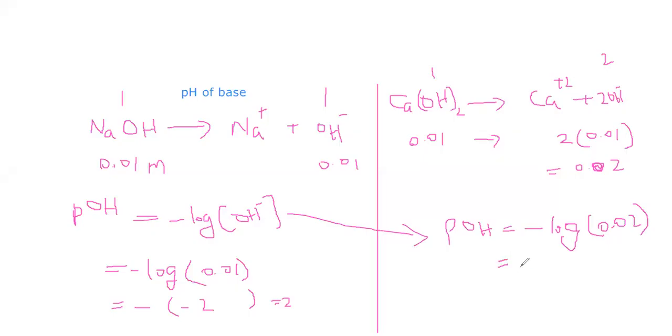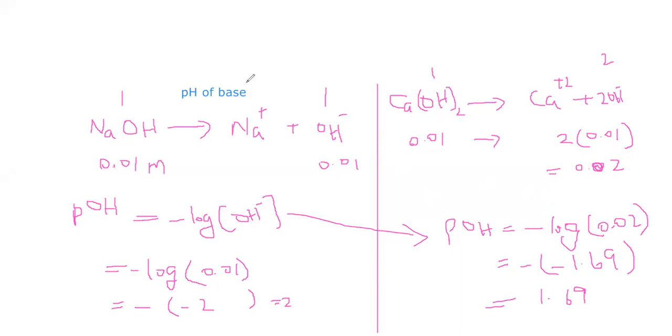So minus multiplied by minus is plus, and the answer would be 1.69. So this is all about the pOH of the base.